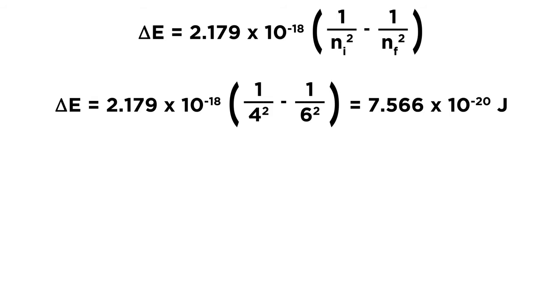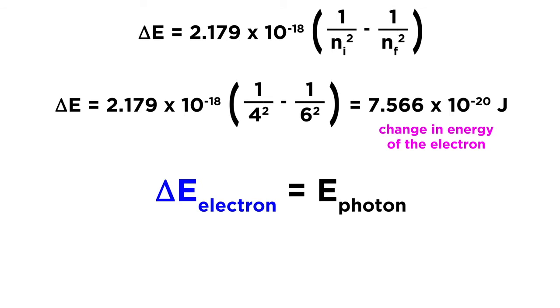So based on the calculation, the energy of the photon required to make the electron jump from n equal to 4 to n equal to 6 is 7.566 times 10 to the minus 20 joule. So this energy of the photon will be equivalent to the energy of the electron.